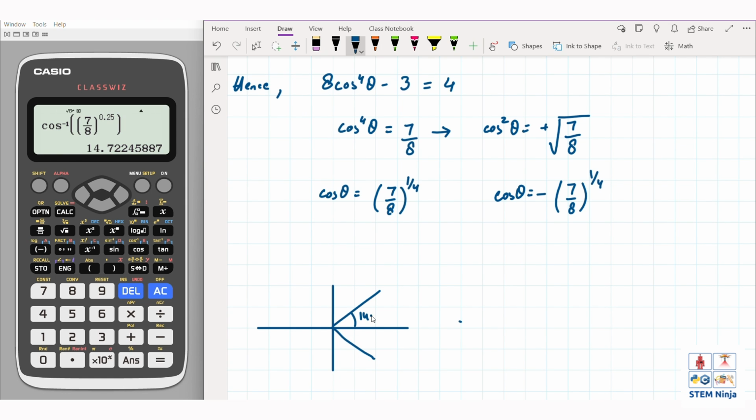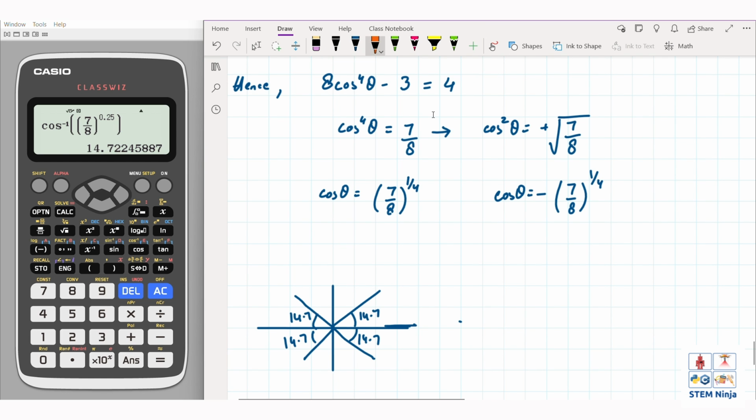So this is 14.7 over here, 14.7 over here. The negative will have the same angle with the x-axis, but obviously from the positive x-axis, it will be different.